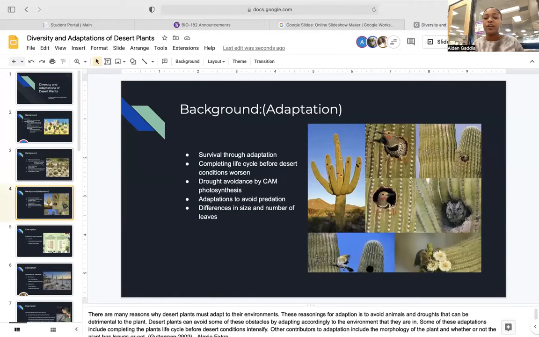If you look at this picture here, you see this little bird living in the cactus, or cacti. Desert plants sometimes try to finish their life cycle before desert conditions worsen, to avoid predation from birds and other animals.